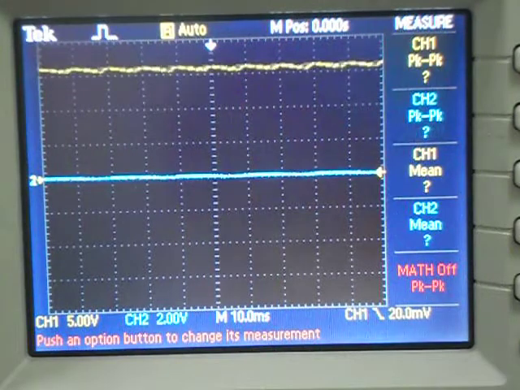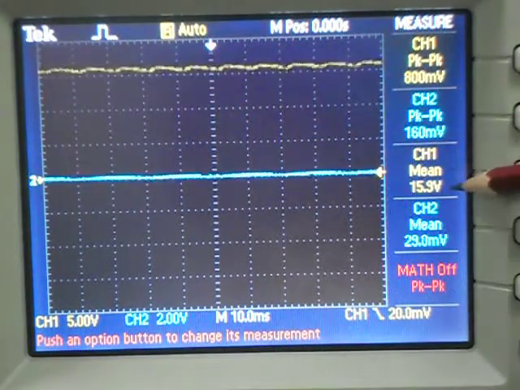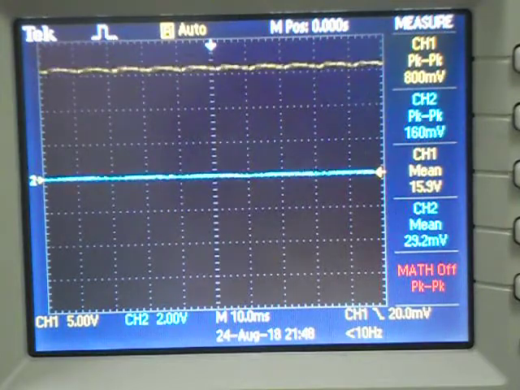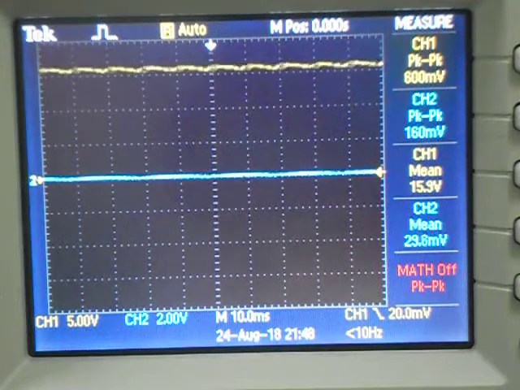And if we measure the DC, we can see that the mean value has come down to about 16 volts from 17.2 volts. So that's the loading effect of the resistor, as well as because of the RC constant, now there will be some higher degree of ripple there.